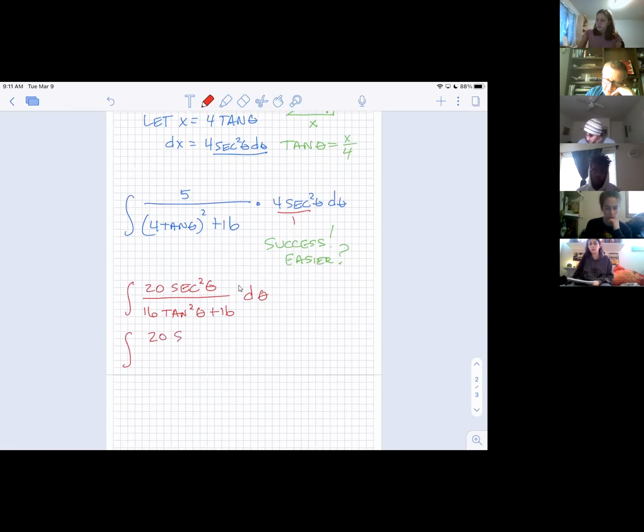However, perhaps the first clue that it will actually go somewhere is, notice what happens if you take that 16 out. Do you see anything now that suddenly looks promising?